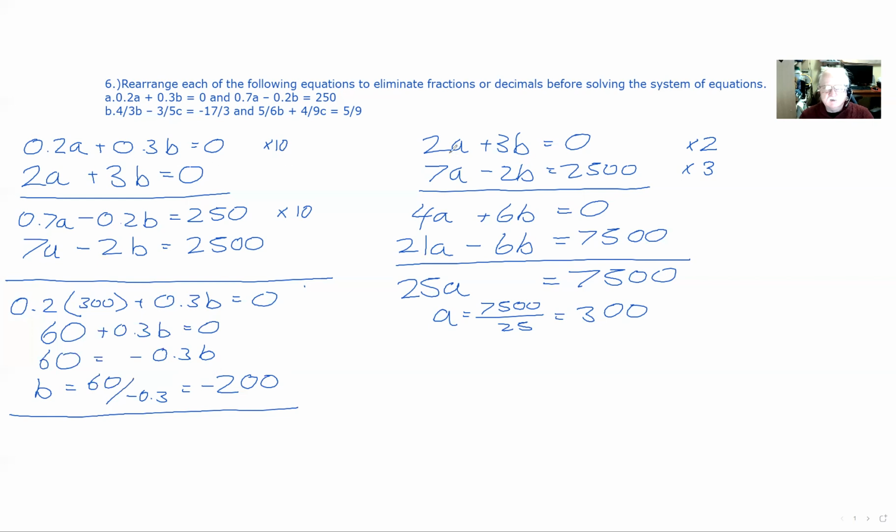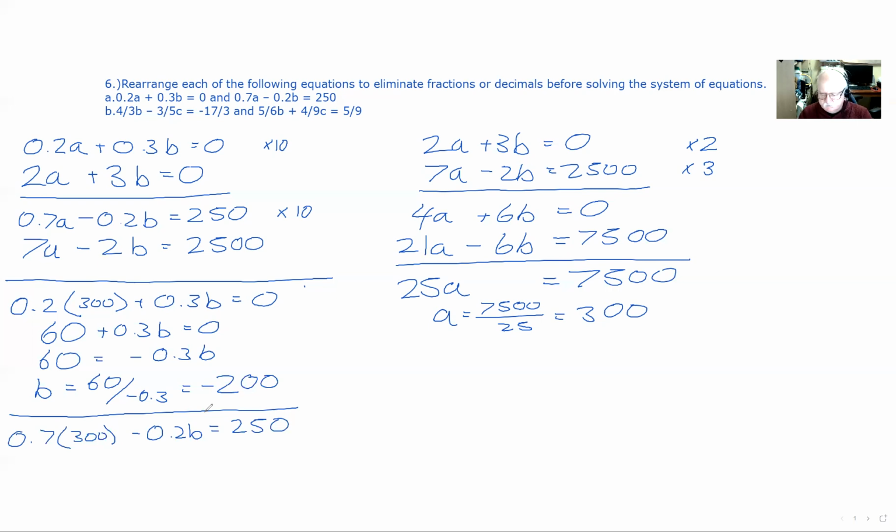So what did we have? 0.7a, which we're thinking is 300, take away 0.2b equaling 250.